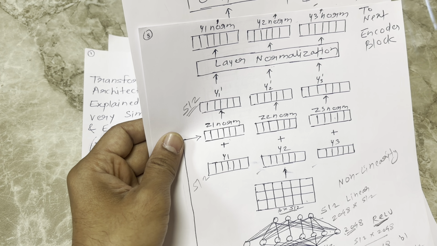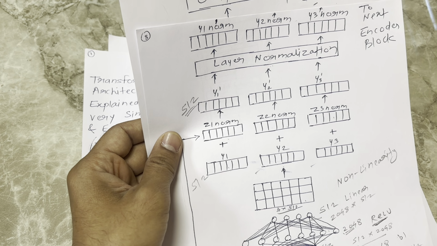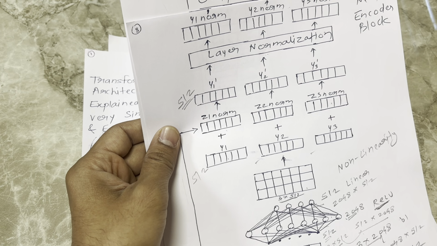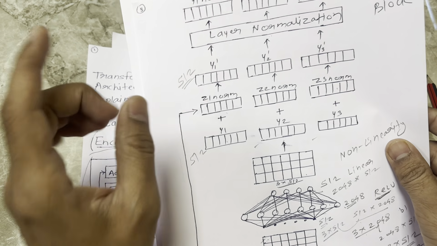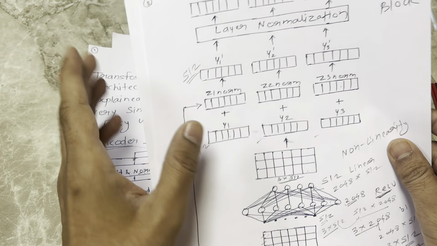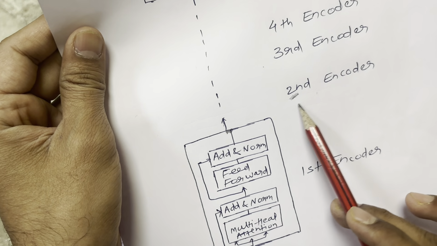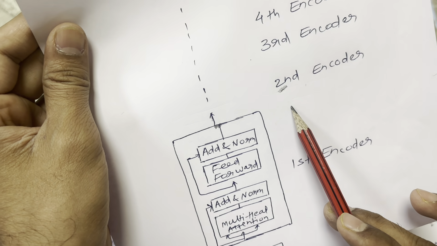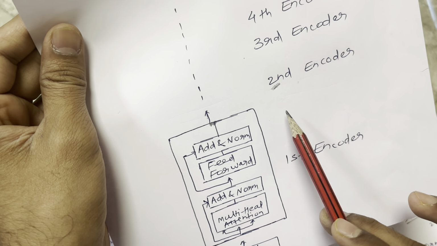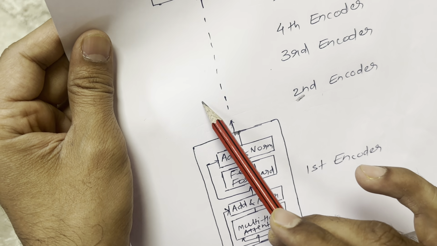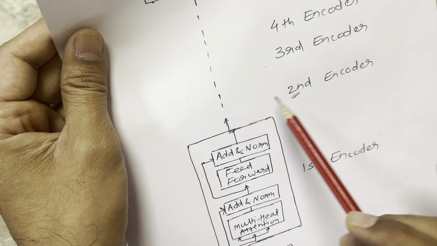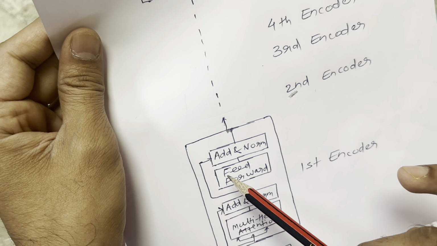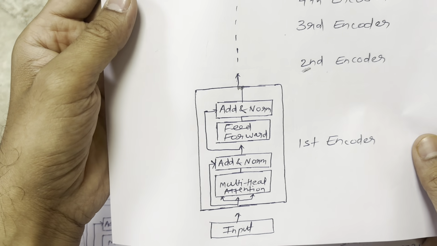Okay, and then the same things repeat. Whatever we have seen till now, the same things repeat. There is also a multi-head attention block in the second encoder, everyone. Obviously, as I've told you, they are the same, right? So there is also a multi-head attention block in the second encoder. Even though I have not drawn it, I think you understand, right? It is exactly the same. I don't have enough space.